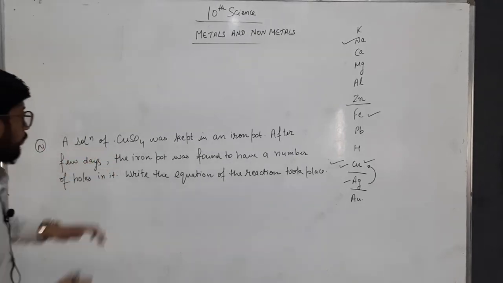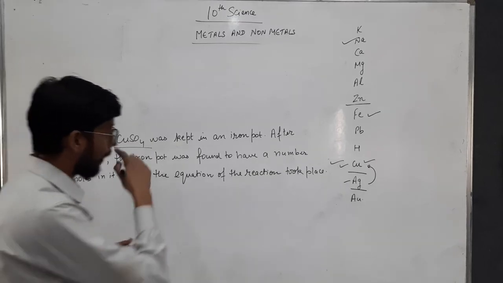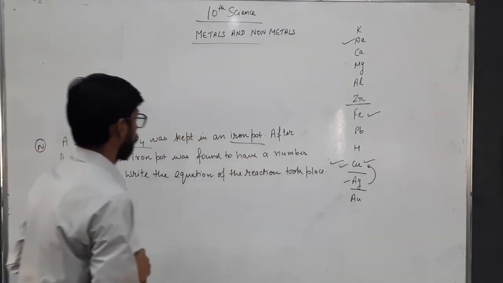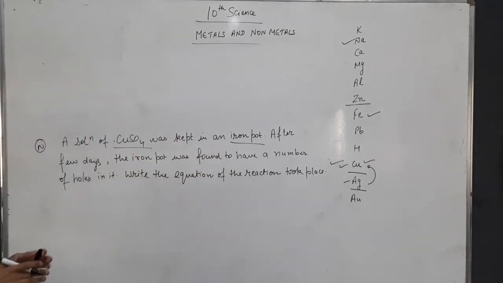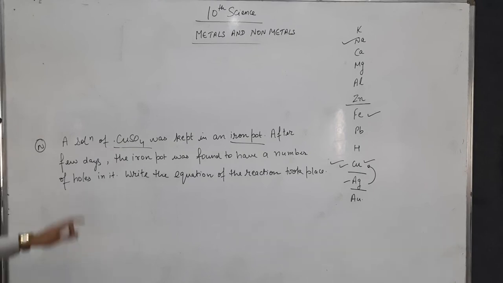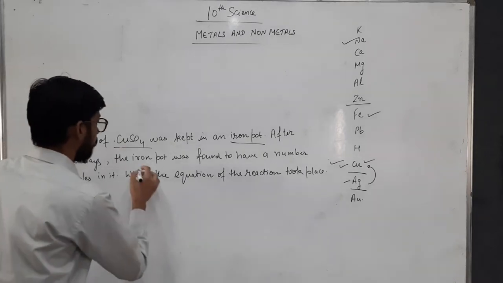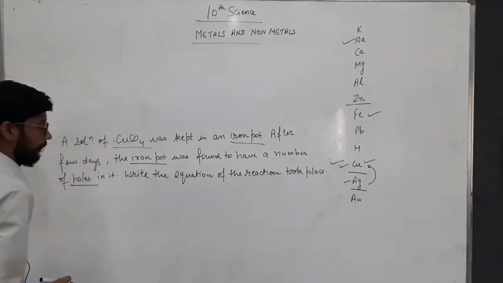You have a solution of copper sulfate that was kept in an iron pot. So you have a pot made of iron, and in it you have a solution of copper sulfate. After a few days, the iron pot was found to have a number of holes in it.